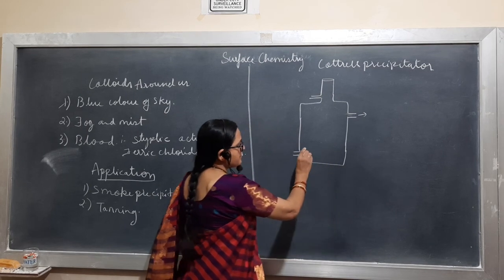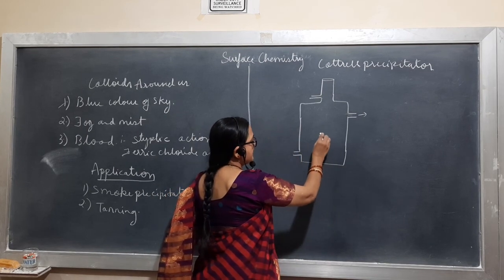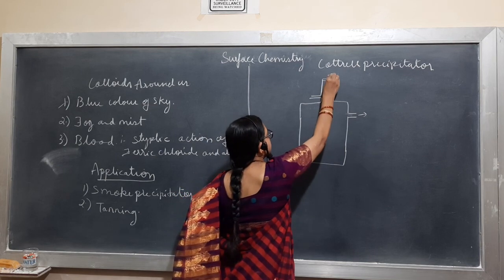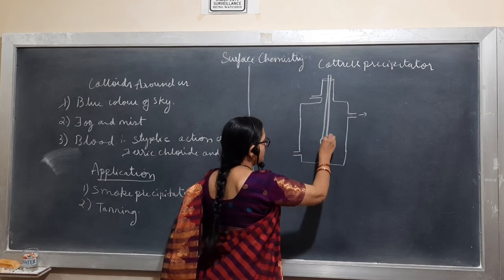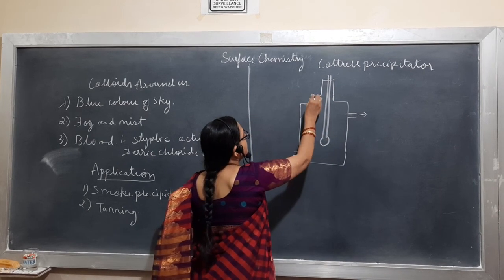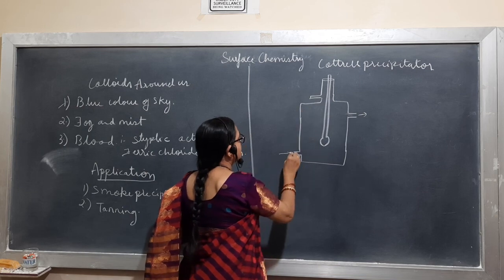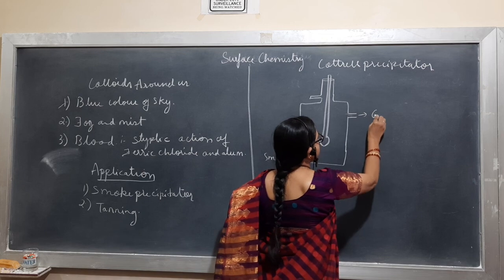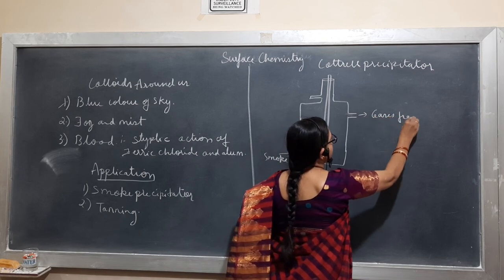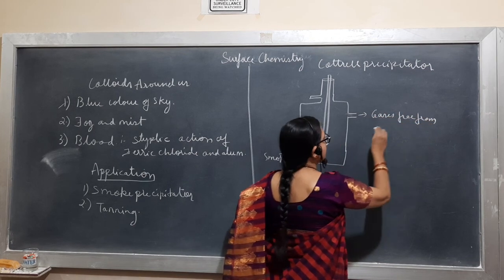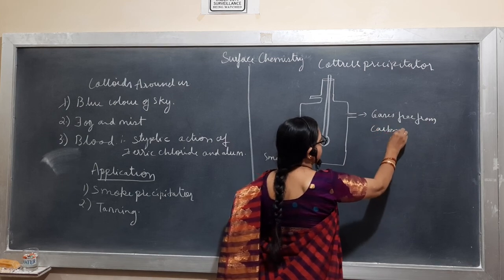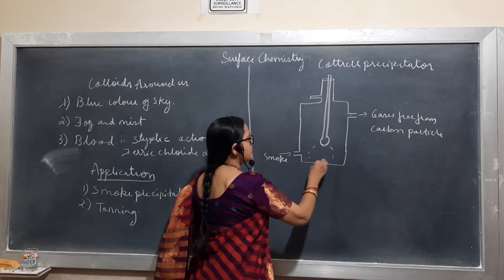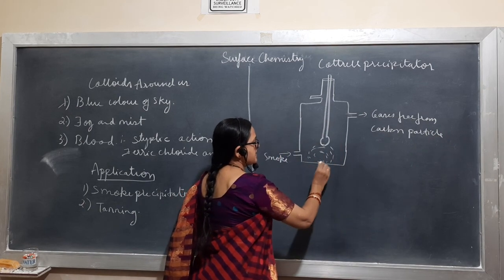These have chambers. The chamber has plates which are charged, and high electricity is passed. Gases free from carbon particles come out, and here all the smoke gets precipitated.